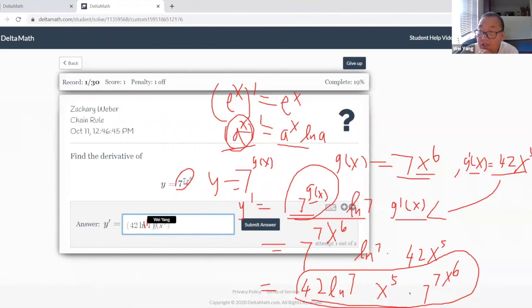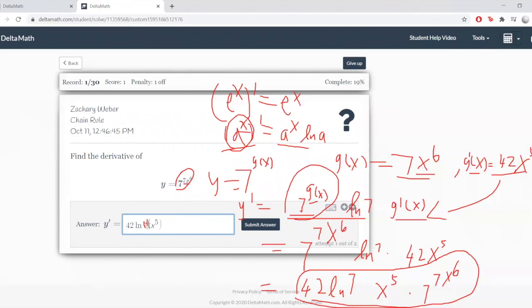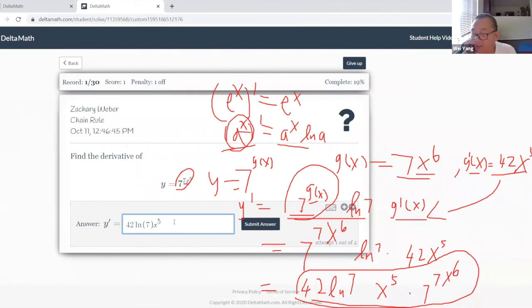Yeah, okay. Then let me take this away. Then, yeah, add here. This one you don't need to add the parentheses around the x power 5. You don't need that. Yeah, this one that's fine.